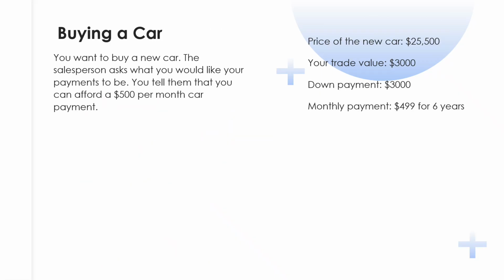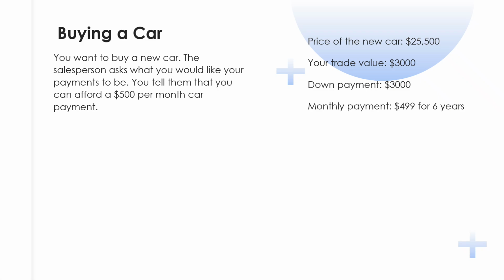All right, now let's talk about something a little bit more practical. And I wanted to kind of throw this one in because this is something that a lot of you are going to face. It's really important to understand interest and interest rates, because it can really kind of come back to bite you in the long run.